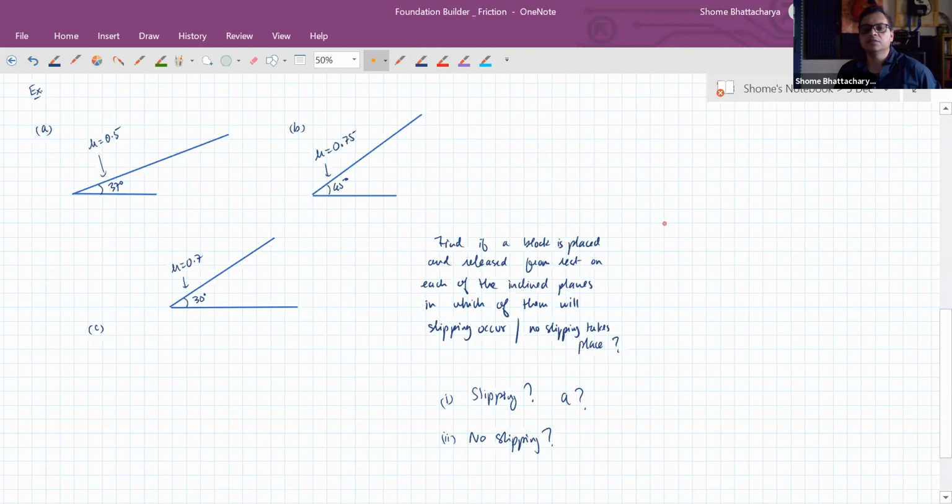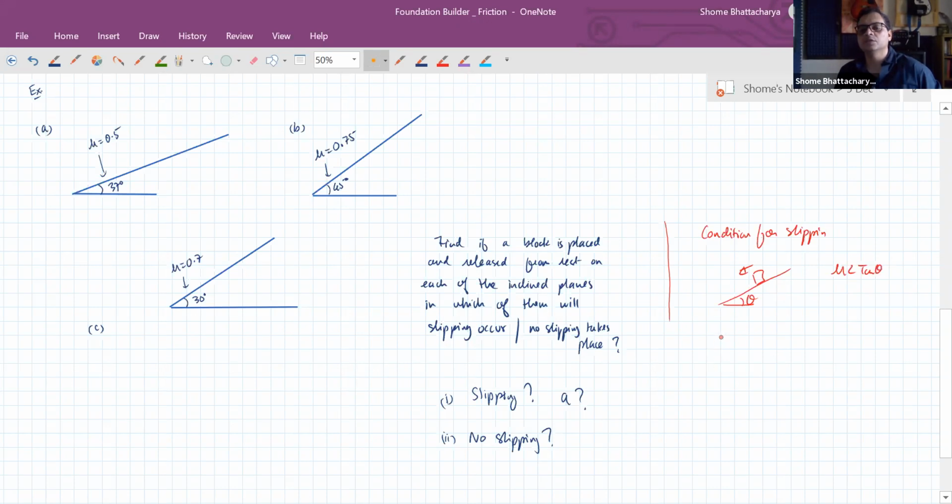So remember, condition for slipping: we place a block on an inclined plane and it starts to slip. The condition for this is that mu should be less than tan theta.